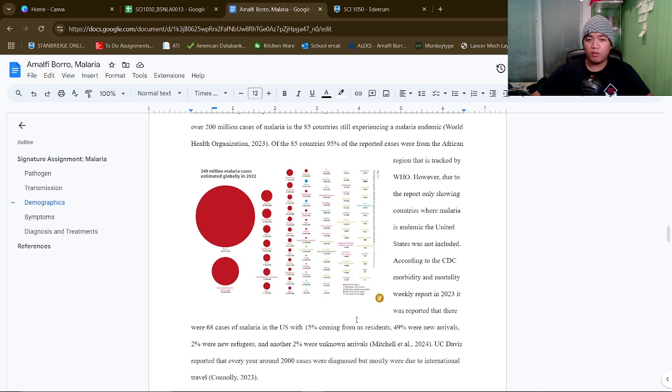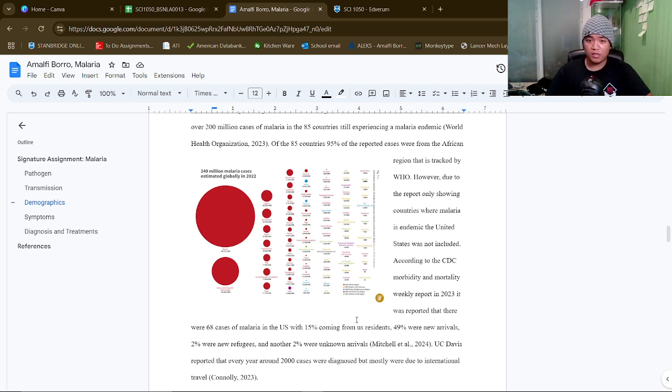In America, however, there were only about 68 cases reported in 2023, whereas in 2022, around 249 million cases were reported throughout all 85 countries.